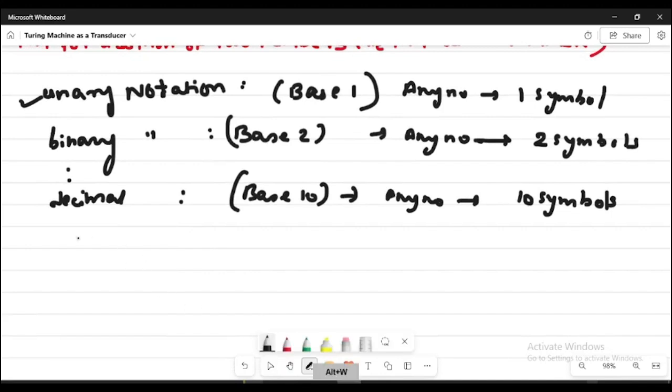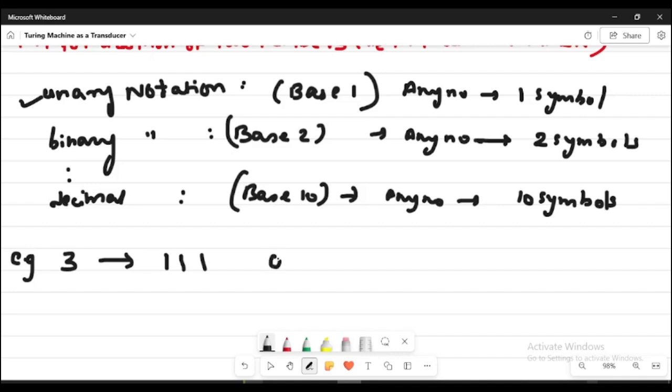For example, whenever I take the number 3, I will represent it using any symbol, but I will repeat it 3 times. Here I am taking 1, so I will write 1 three times. You can take any symbol, you just have to define it.